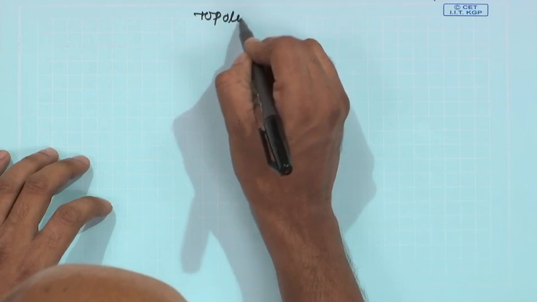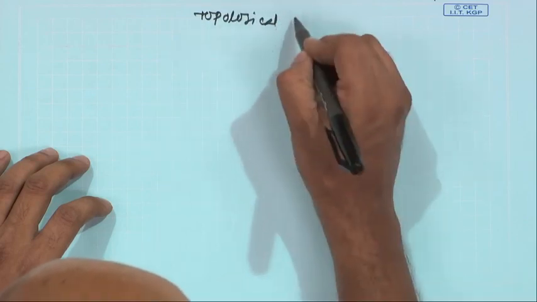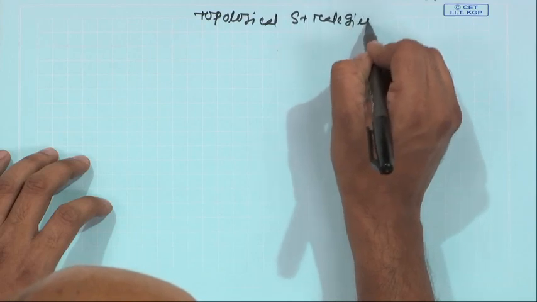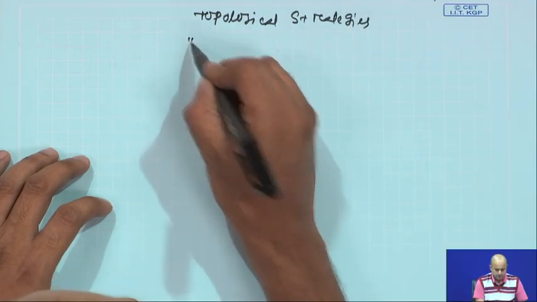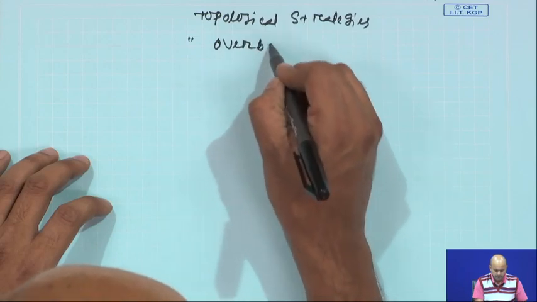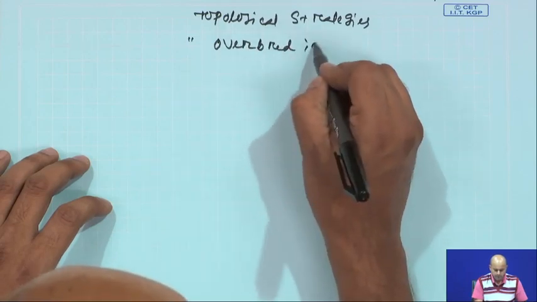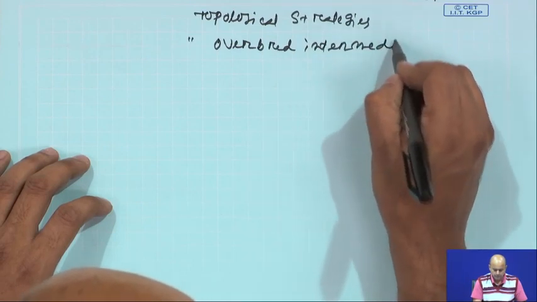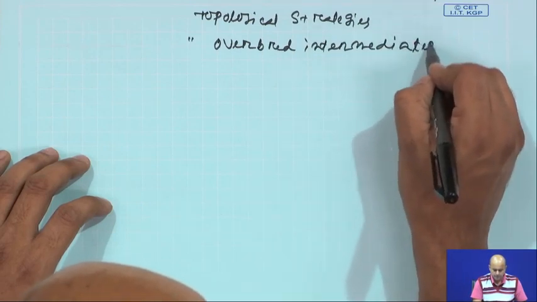So, in this context, today we will be discussing a particular focus topic named overbred intermediates.